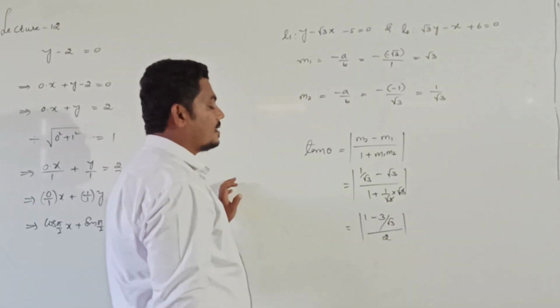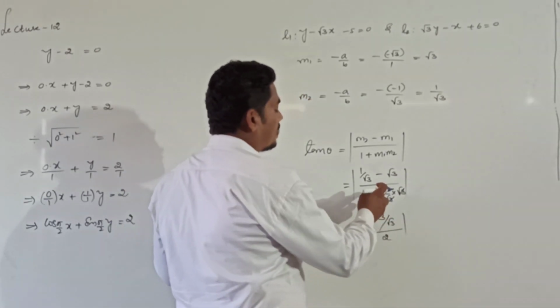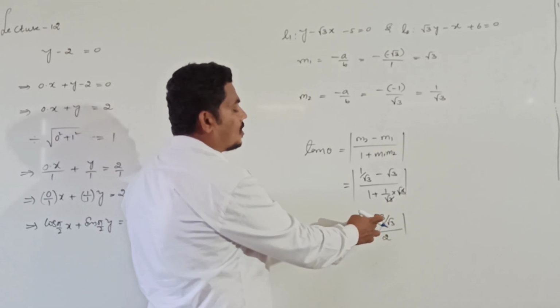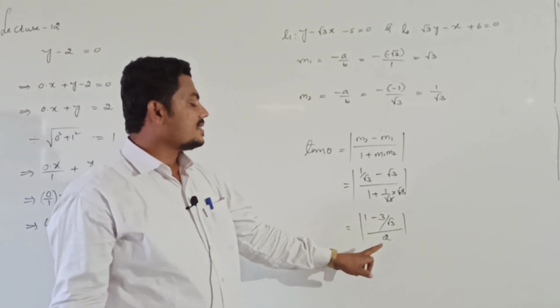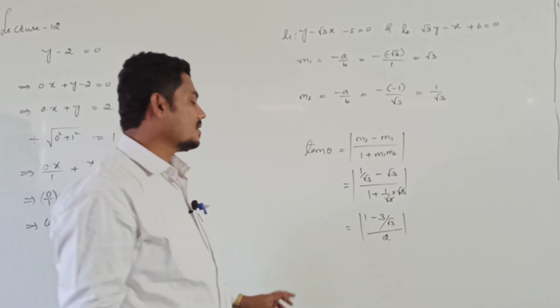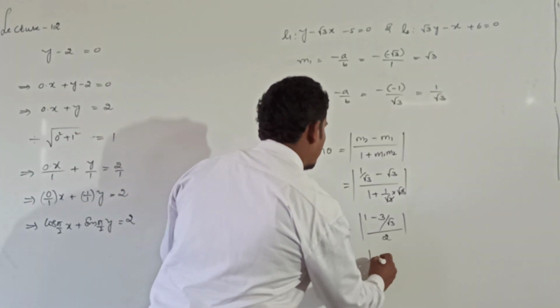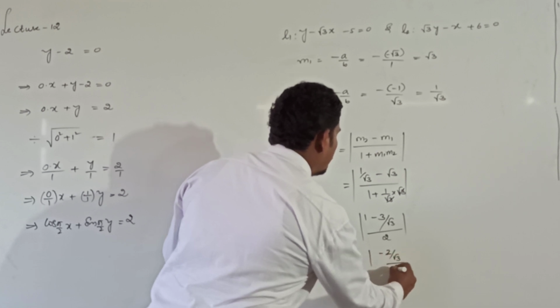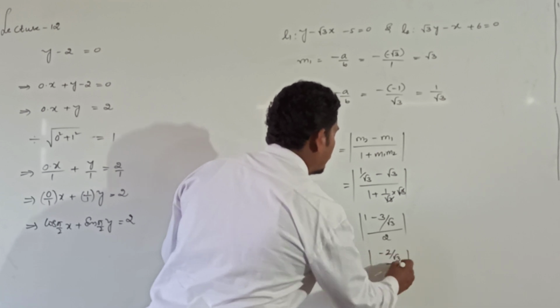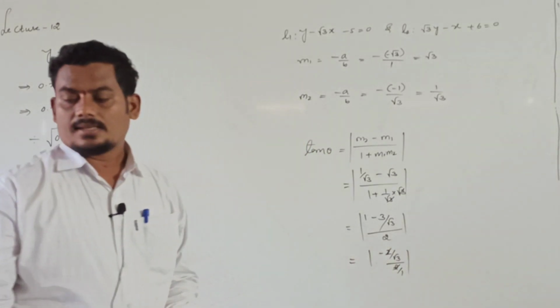Then 1 minus 3 divided by root 3 means minus 2, modulus of minus 2 divided by root 3 divided by 2, and this 2 gets cancelled.